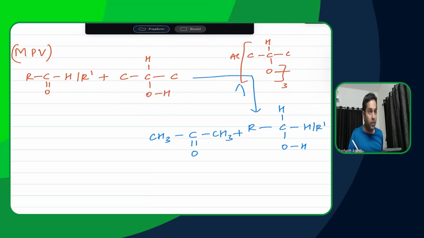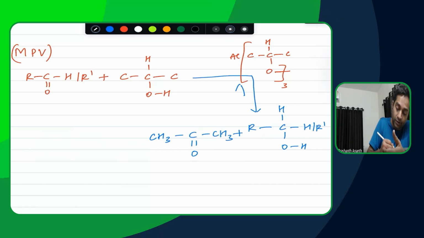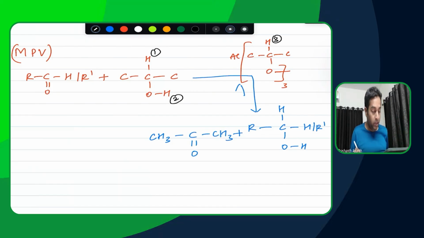So you're going to be having, in this particular case, this reaction involving each of these species over here. So let's tag them first. Let's call this hydrogen 1, this hydrogen 2, and this hydrogen 3. Now, which one is going to be going where is the real question we need to look for answers to.